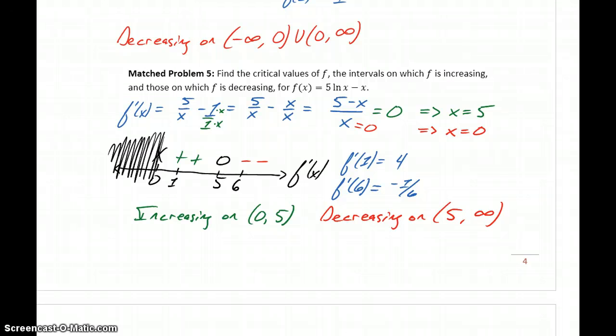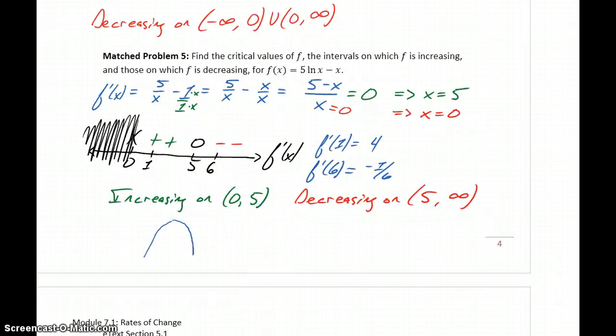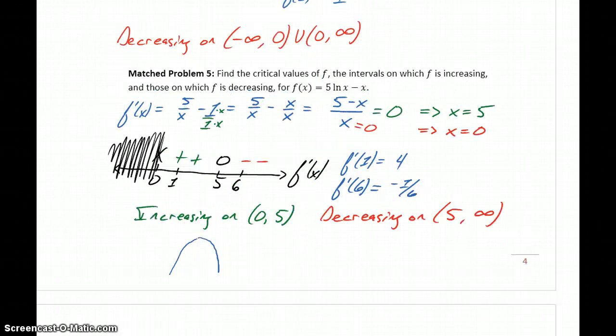Now, what this question doesn't ask us to do is identify any maximums or minimums, but we could go ahead and throw that in there as well. So we know that we have a function that's increasing and then changes to decreasing. So this value is going to be our local maximum, and that's occurring at x equals 5.